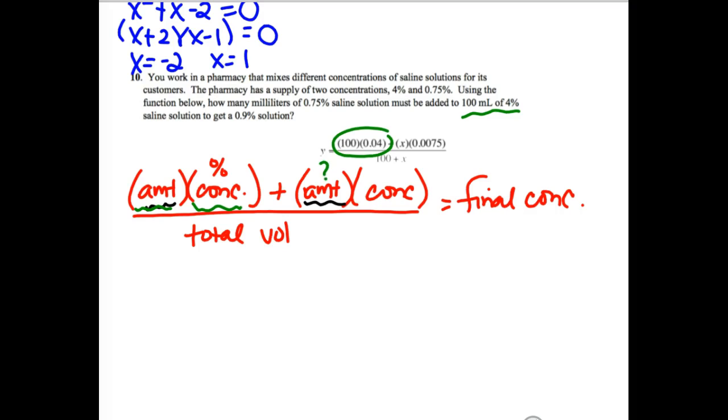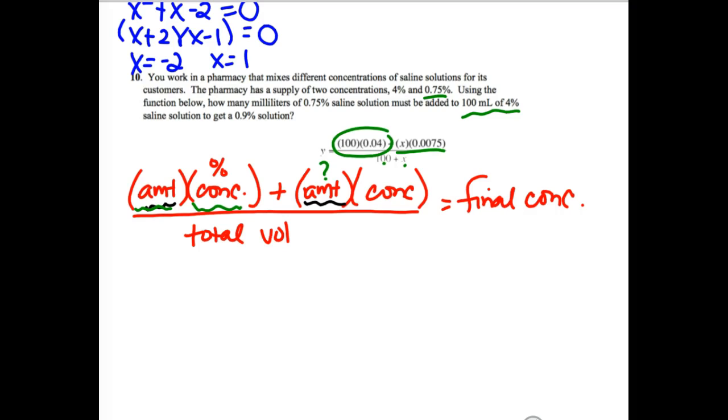Okay? We are adding to it an unknown amount. We do know the concentration. We are diluting it with this 0.75% solution. So we have X milliliters that's being multiplied by its concentration. My total volume is the 100 milliliters I started with plus the X milliliters I just added to it. Okay? And I want it to equal what? The 0.9%.